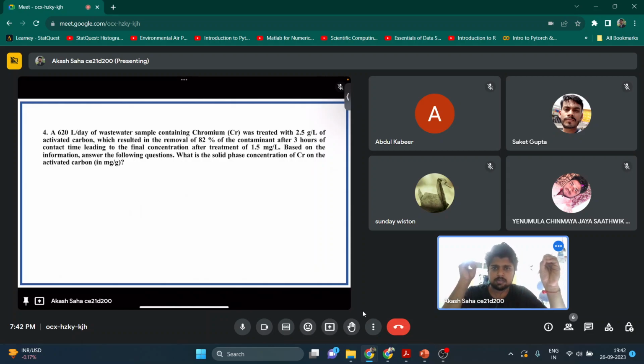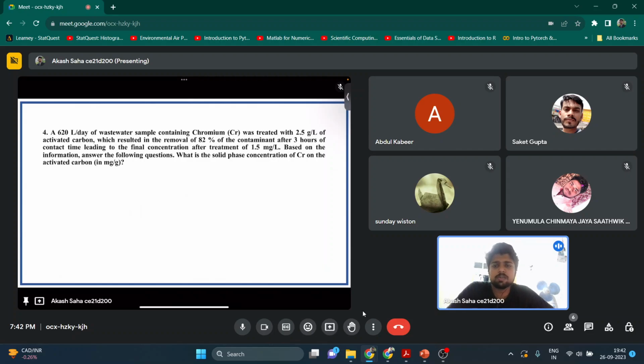This is the activated carbon concentration. After adding the activated carbon, it resulted in 82% removal of chromium. How is it getting removed? It is getting adsorbed to the activated carbon. So from the water, 82% of the chromium is getting removed. After removal, the final concentration of chromium was 1.5 milligram per liter.